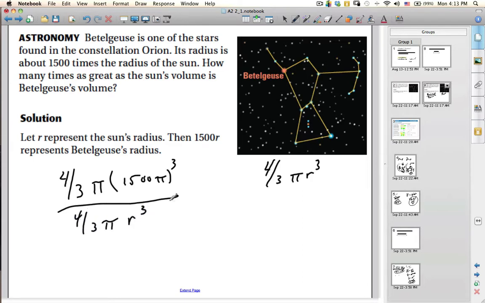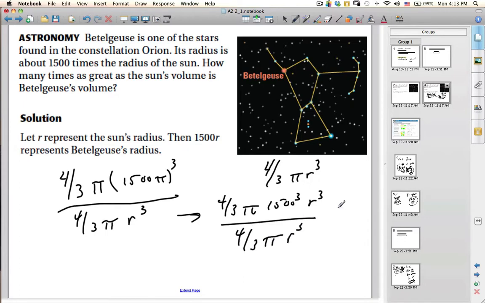volume, r cubed. I'm going to use a property of exponents to separate these. These are products being taken to a power, so I can do 4/3 pi, 1,500 cubed r cubed, over 4/3 pi r cubed. And now I can start canceling common factors. I have 4/3 and 4/3. I have pi and I have pi. And I have r cubed and r cubed.